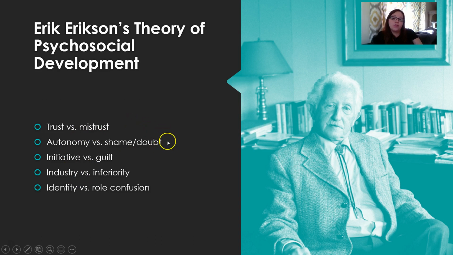Another example, autonomy versus shame and doubt. So if this was infant, now we're talking about our toddlers. And if anybody in here has ever worked with in a professional capacity or parented a toddler, or even just watched TV in the way that toddlers are portrayed, it's all about them, right? Toddlers are very egocentric. They will tell you no. They will tell you exactly how they feel in their limited vocabulary.